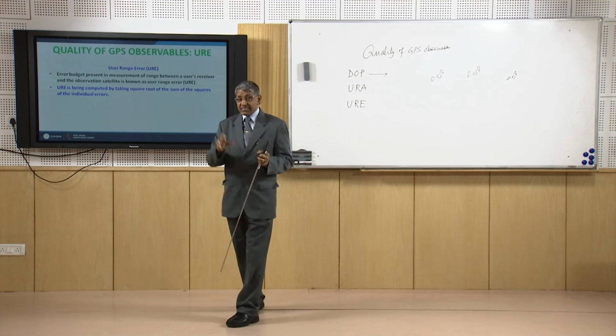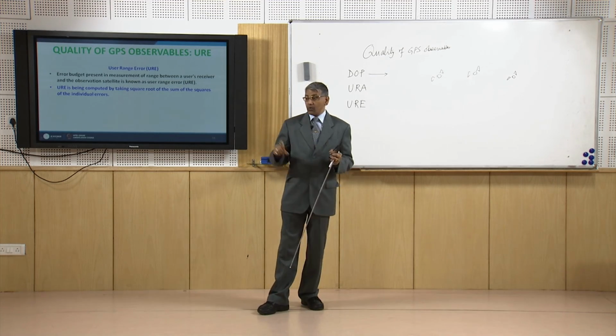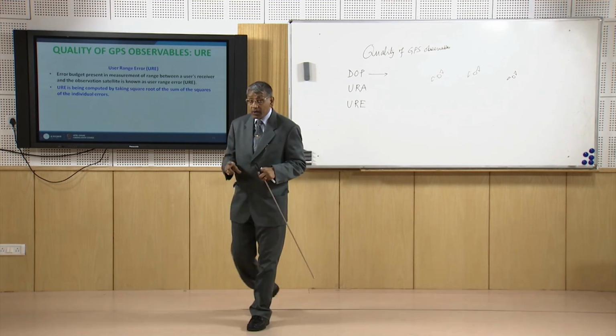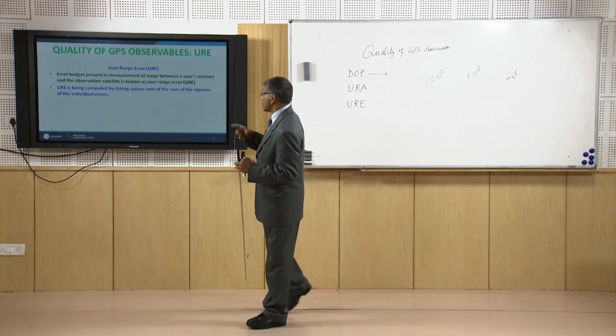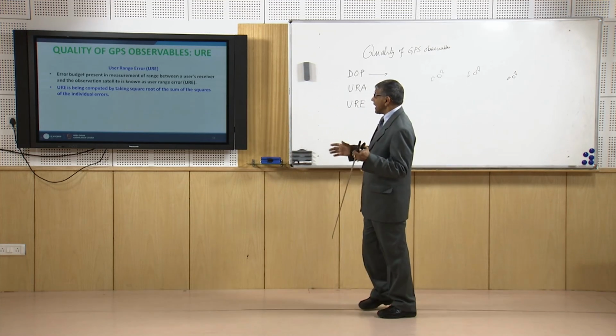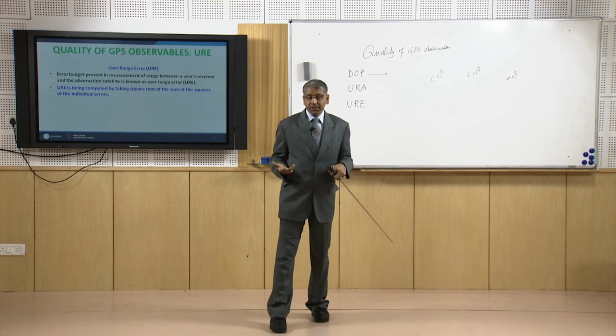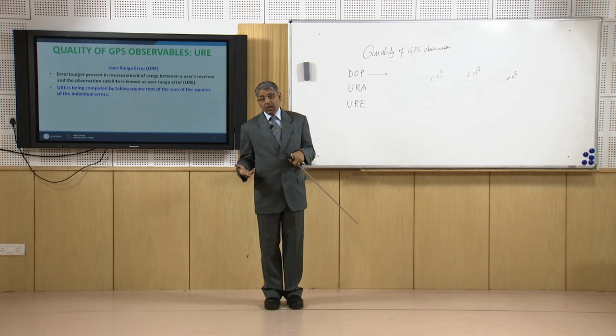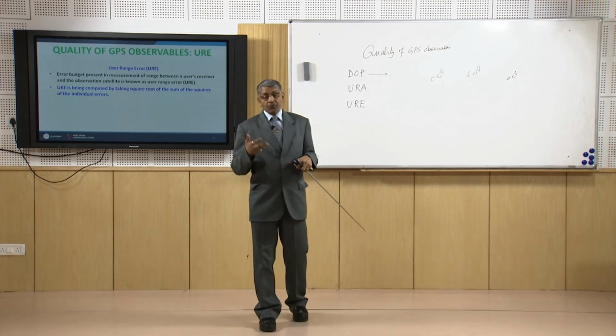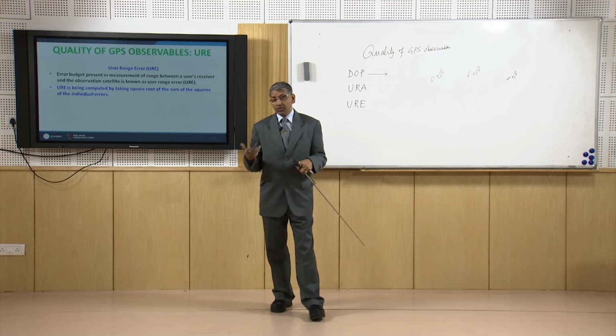If it is less, then we say that the quality of the GPS observable is good, otherwise it is not that good. In that way we can judge the quality of the GPS observable, which is very important for carrying out good GPS surveying.